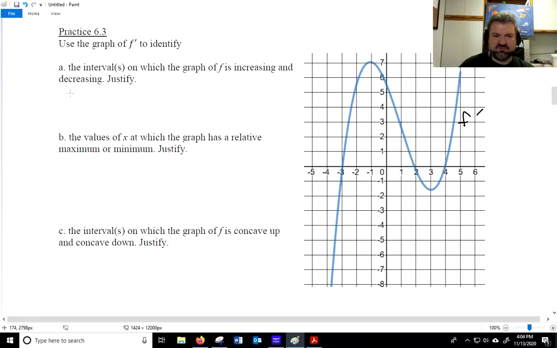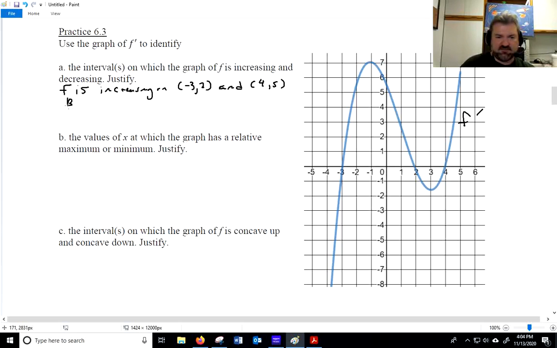So in this case, we should say that f is increasing on -3 to 2, and it looks like 4 to 5. Might be 4 to infinity. I didn't include a domain restriction. These are just practice problems, right?